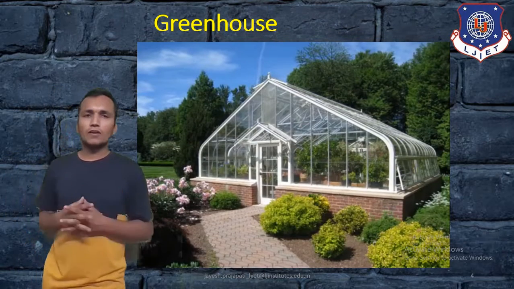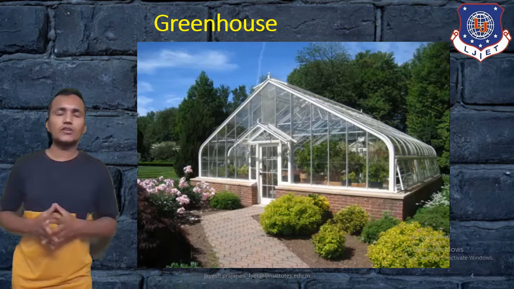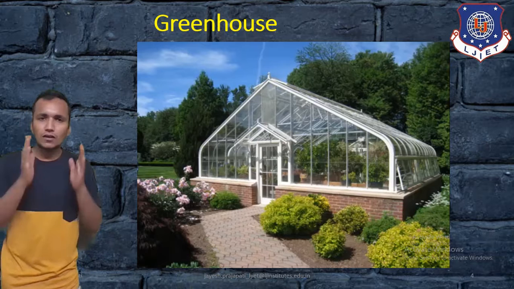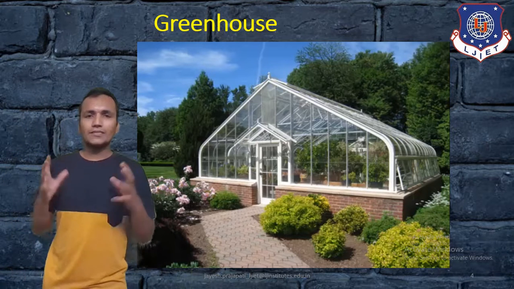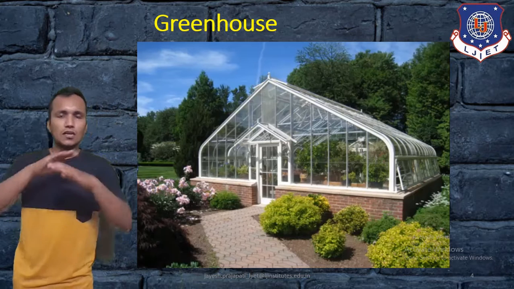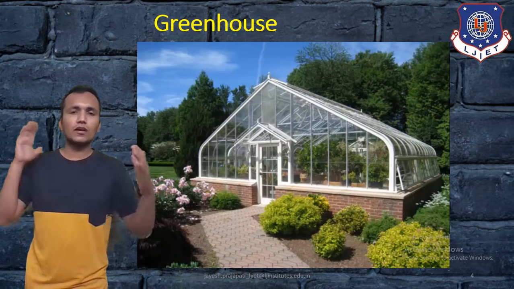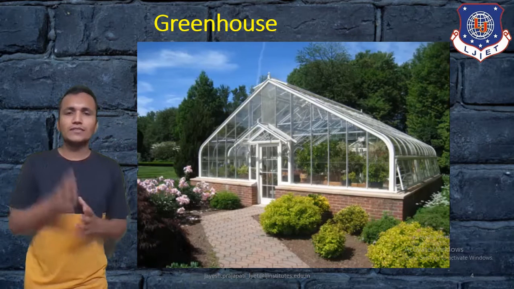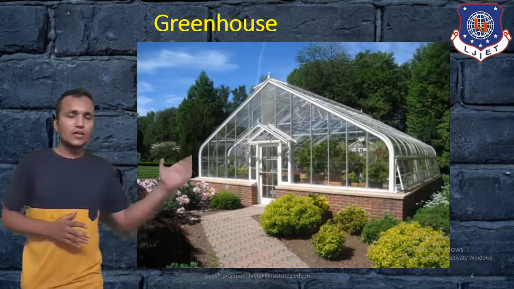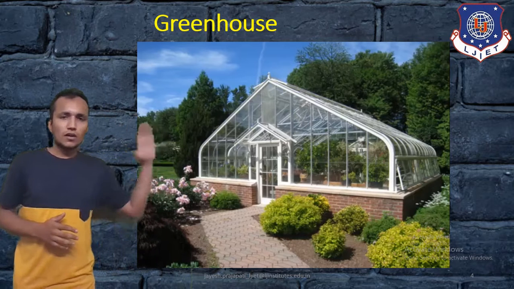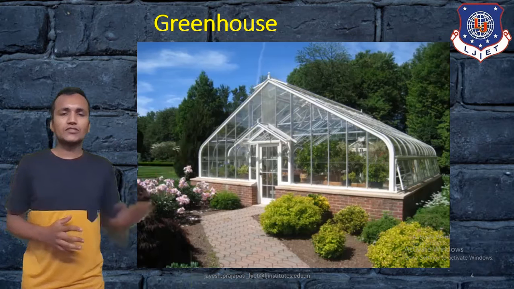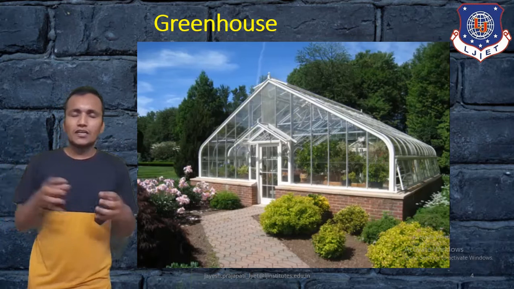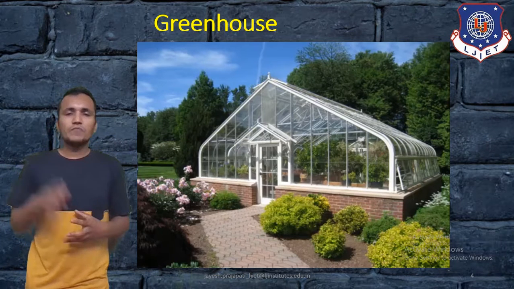Before we start, first of all, the topic of the greenhouse. Basically, a greenhouse is a closed glass chamber. You can see in this figure that it is a glass chamber, and a plant is inside it.